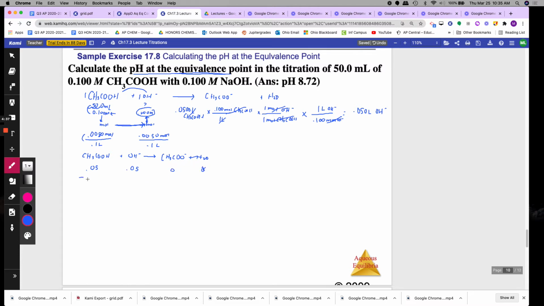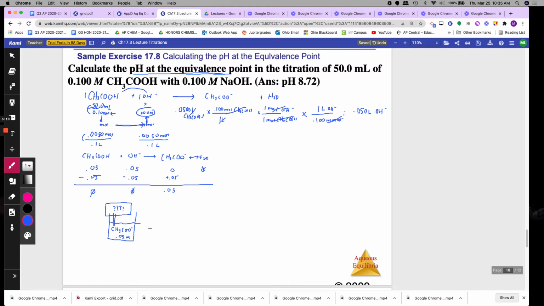So it's going to be minus 0.05, minus 0.05, plus 0.05. Obviously they're at equivalence point, so you'll have none of these left, but you will make this. So at equivalence point, all you have in your beaker is CH3COO minus, and you're trying to figure out what the pH is at that point. You have 0.05 molar of this.